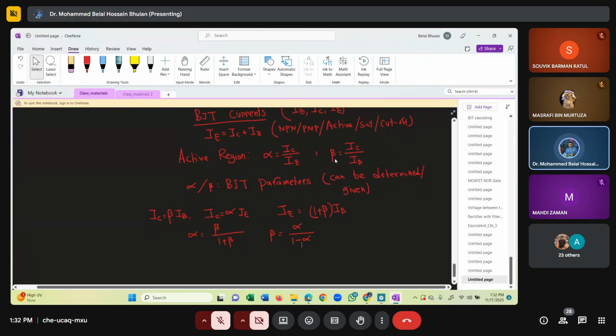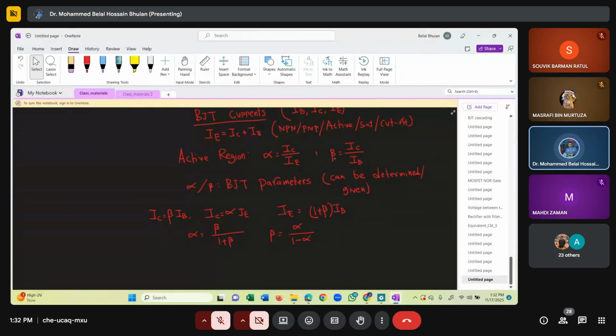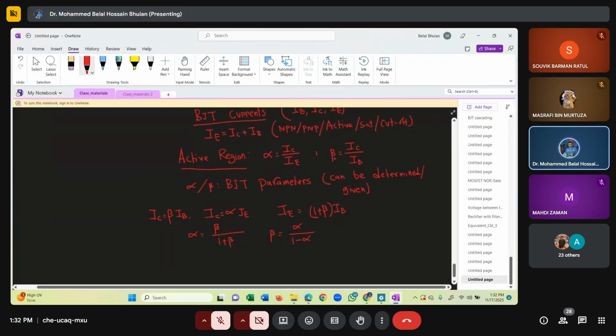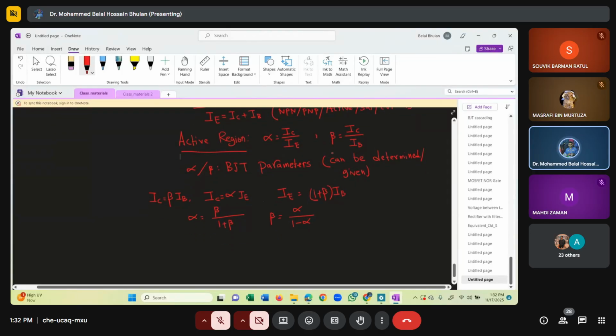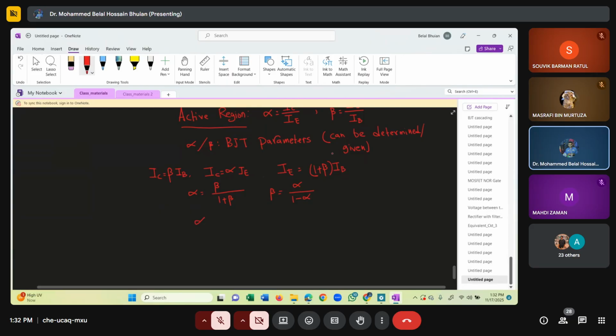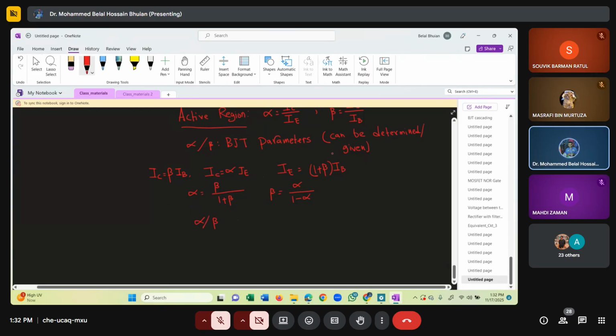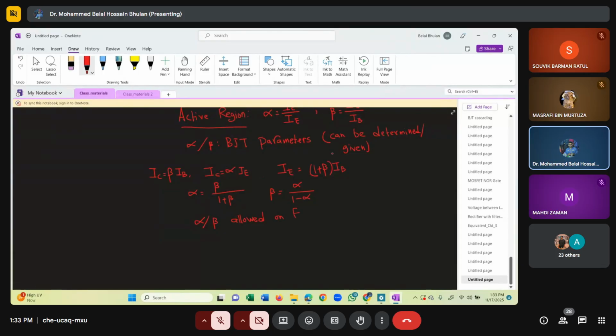It's all school level mathematical relationships. So, an important thing to remember: as already mentioned, you are allowed to use alpha and beta to determine the current as long as the BJT is operating in active region. Alpha and beta are allowed only for the active region.